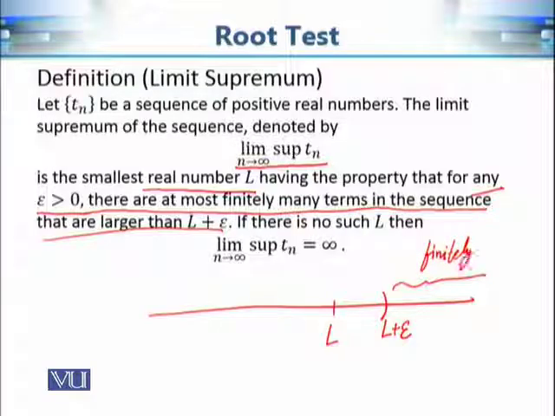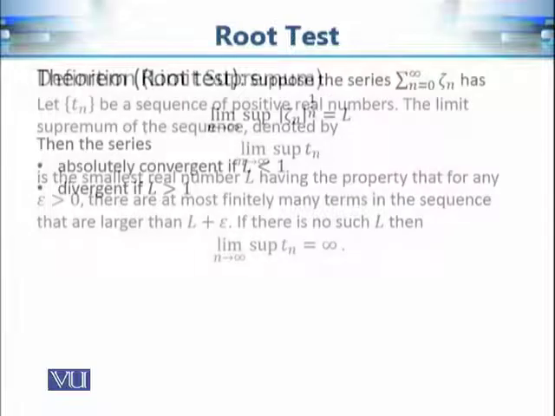It should satisfy this condition for every epsilon, and also this number L should be the smallest one satisfying this condition. If this happens, then we say that L is the lim sup of this sequence of positive real numbers.